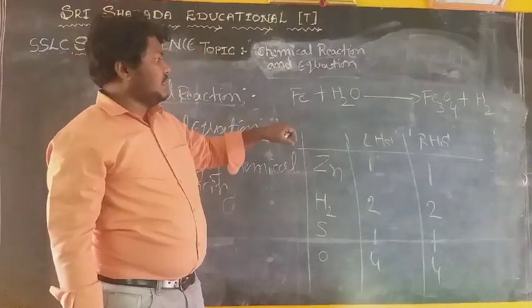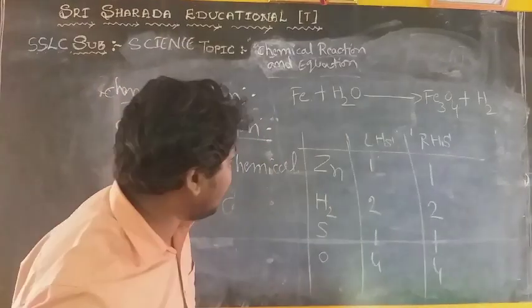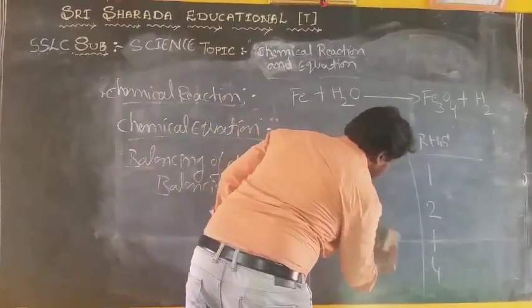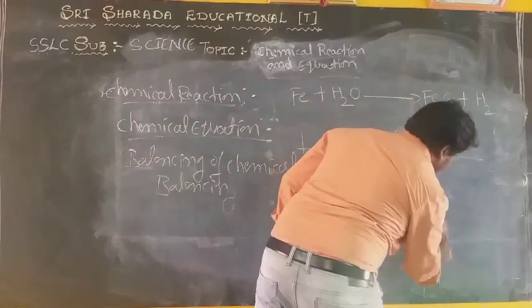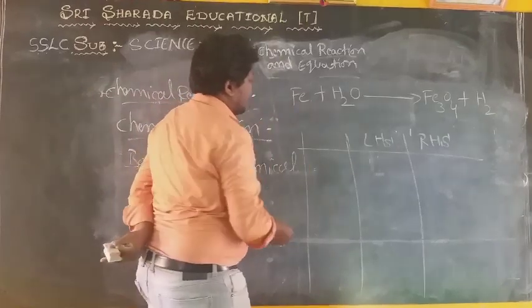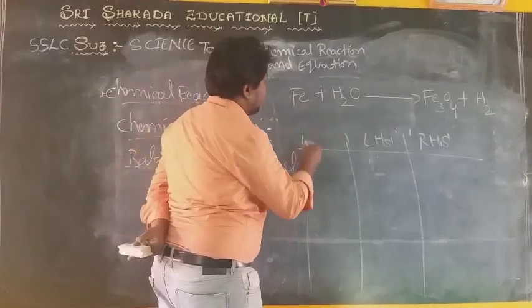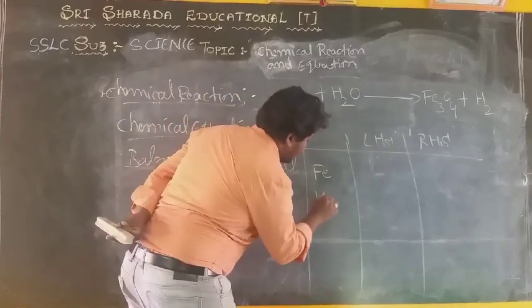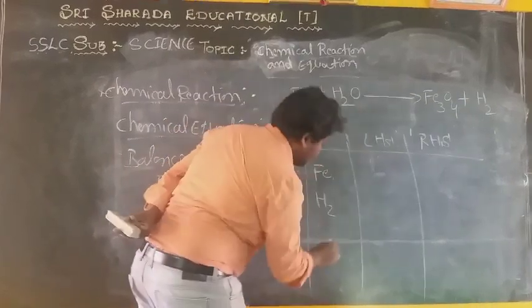So, in this equation, if you observe the atoms present in the left hand side and the right hand side, it is totally imbalanced. First, we should write the elements present on both sides: Fe, hydrogen, and also oxygen.